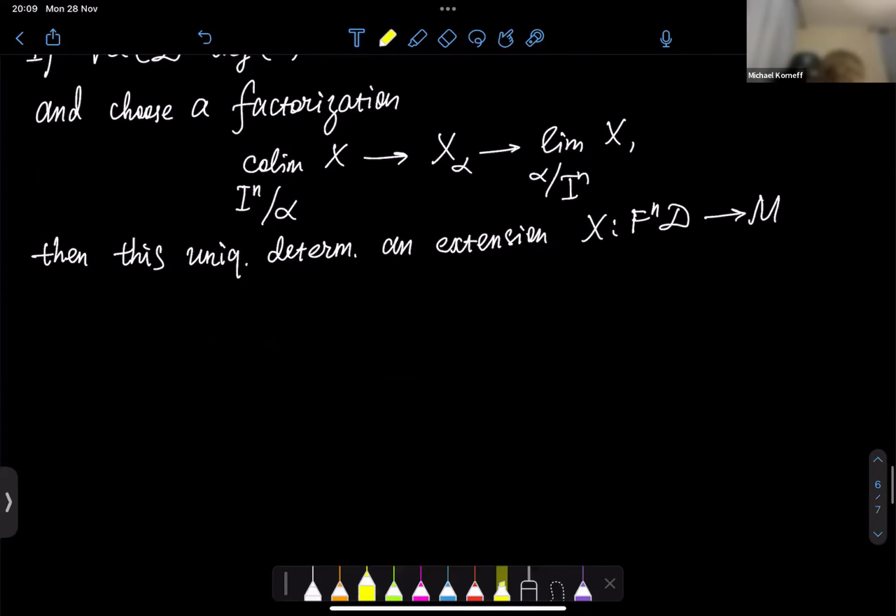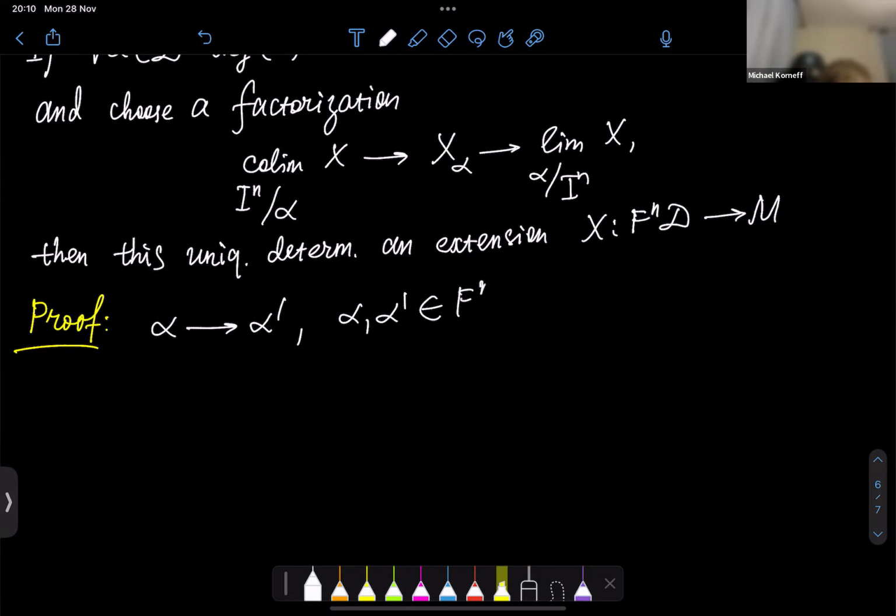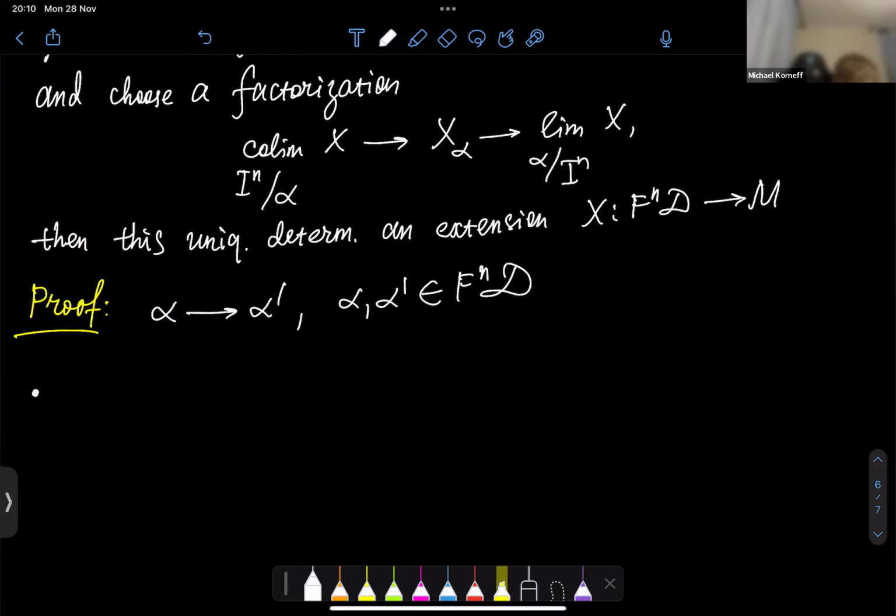So the proof, easy proof. We must define the functor X on the maps between alpha and alpha prime, which are in F and Z. So suppose we are given such a map, and we can factorize it as a composition by the axioms of Reedy category.